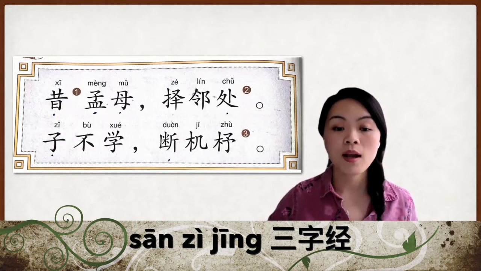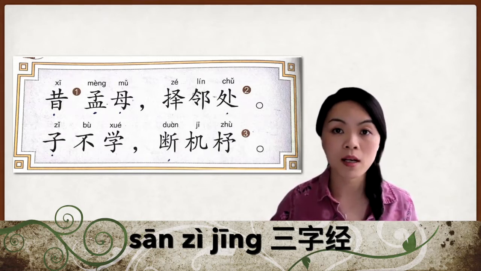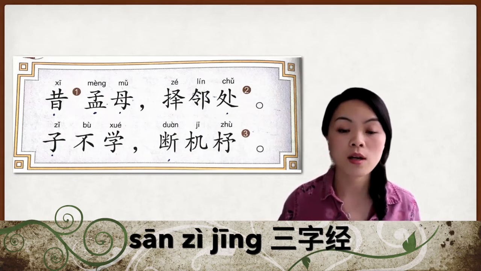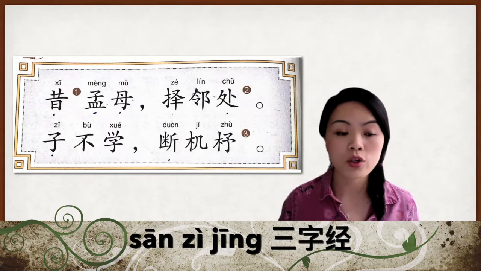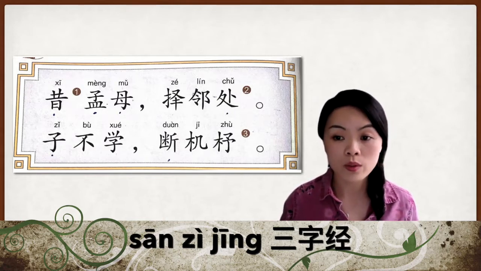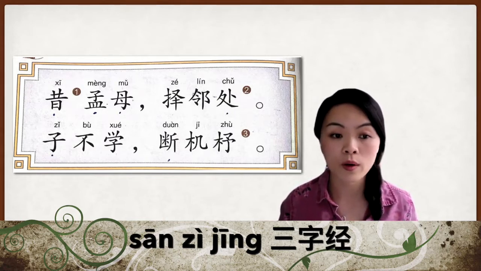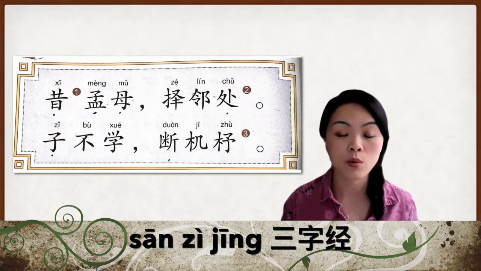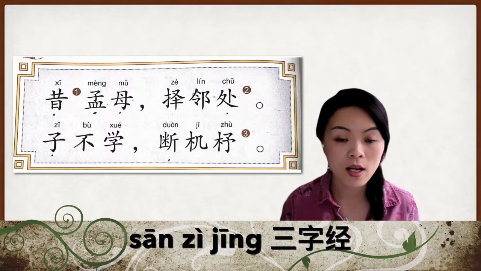At that time, they used the loom to weave cloth, right? So right away, she cut the cloth on the loom to show the son that if you don't keep studying and learning, then whatever you did before will be in vain, just like the cloth that she weaved on the loom, right? So that is the meaning of these two sentences.